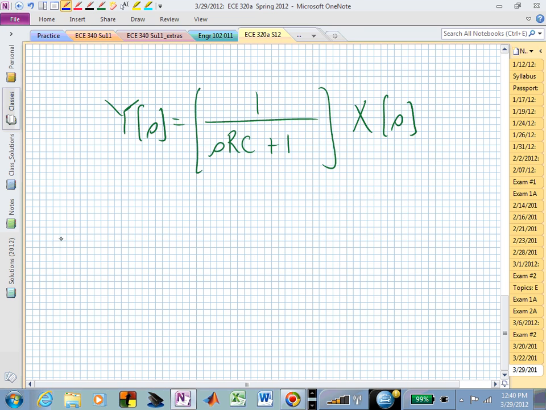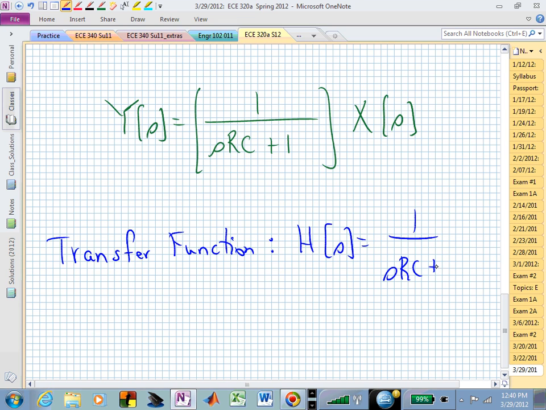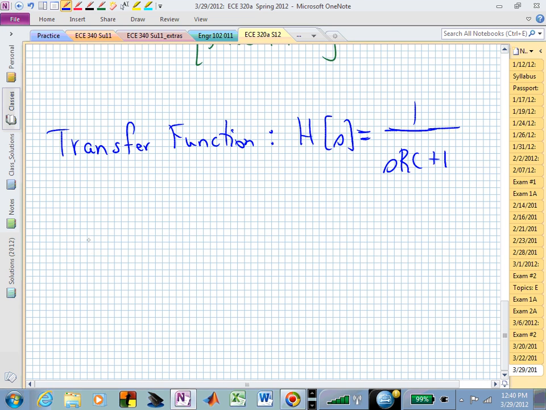Now, before I move on, so here's our transfer function. Where are our finite poles?